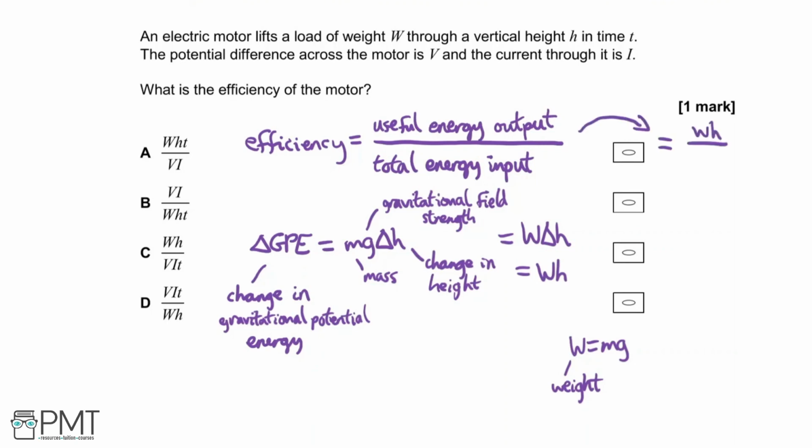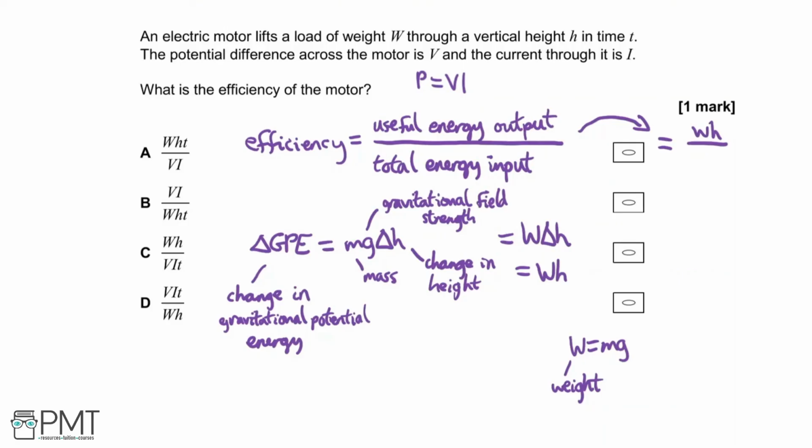So now we just need to work out what we're going to divide it by, putting in the total energy input. Now the energy is being input to this motor electrically, so we're interested in the electrical power of that motor, which is equal to V times I. I won't label this one here because there isn't an awful lot of space and it is mentioned in the question, but power is equal to potential difference multiplied by current.